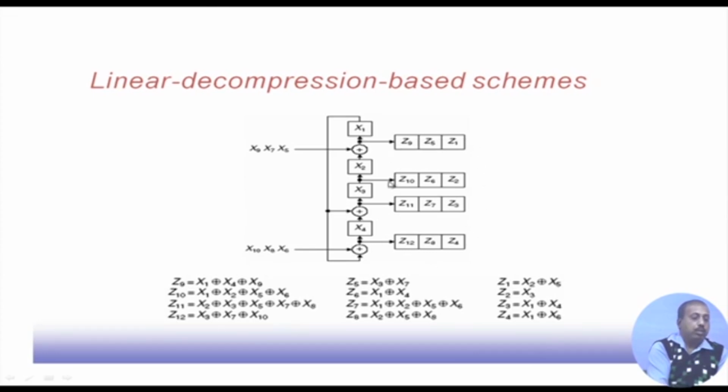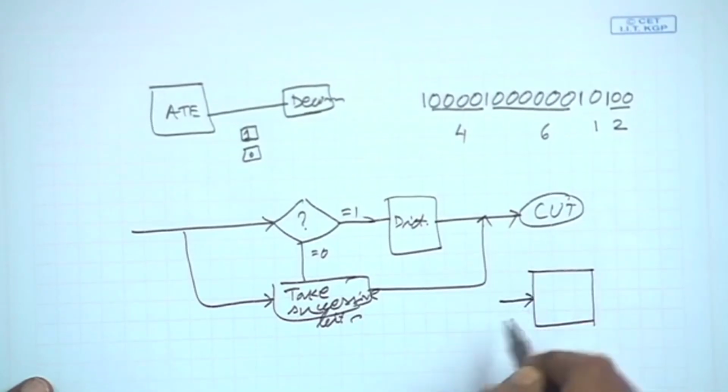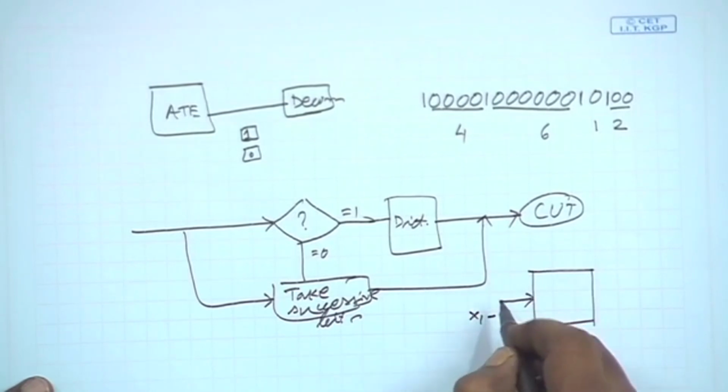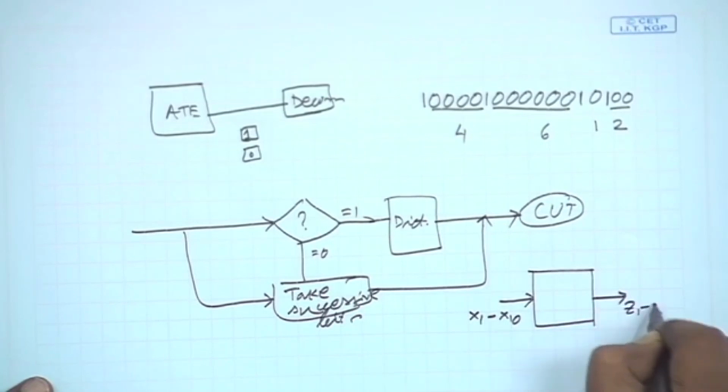So, if Z1 to Z12 happens to be my test pattern, and I have this machine available, then I need to store only x1 to x10 as the input to this machine. I can consider this whole thing as a machine where the input is a 10 bit input consisting of x1 to x10, and as an output it can generate Z1 to Z12.